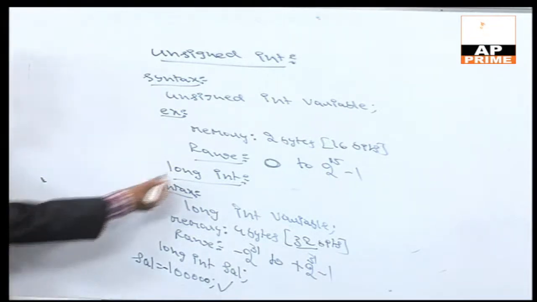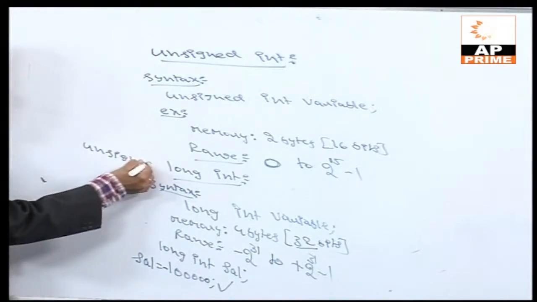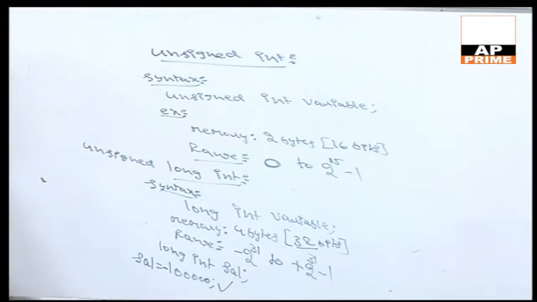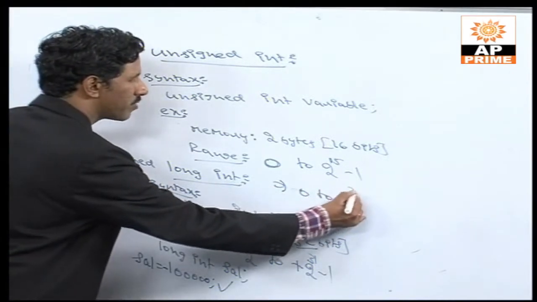If I mention the unsigned keyword before long integer, it is allowed only positive long integers. Whenever you mention the unsigned long integer, what is the range defined? 0 to 2 to the power of 31 minus 1.